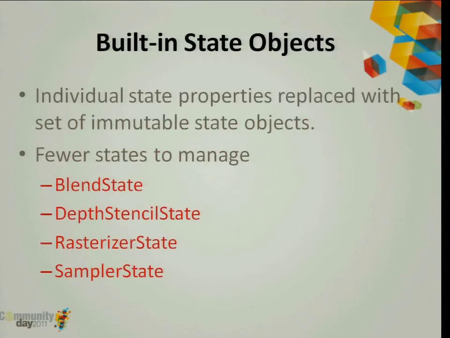Another new thing are the built-in state objects. If you are familiar with game programming, DirectX has a lot of states that have to be set. And you had to set them all manually. For instance, if you want to enable your Z buffer, I hope everybody knows what a Z buffer is or not. Somebody who wants to hear the explanation or not?